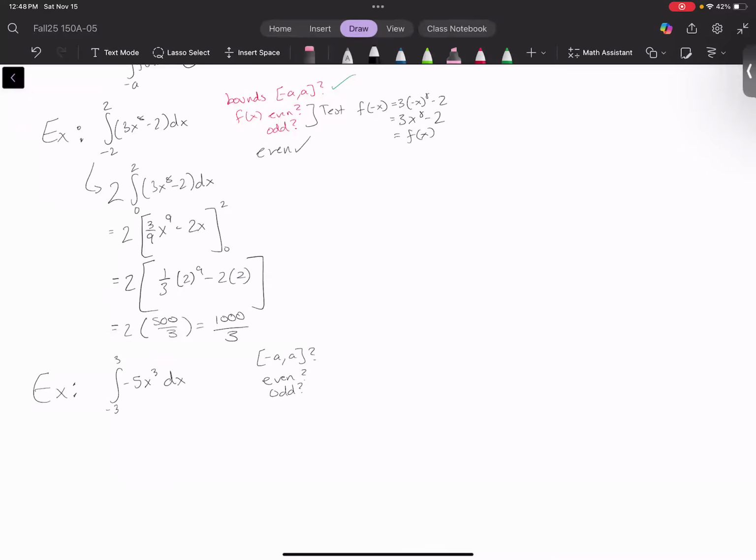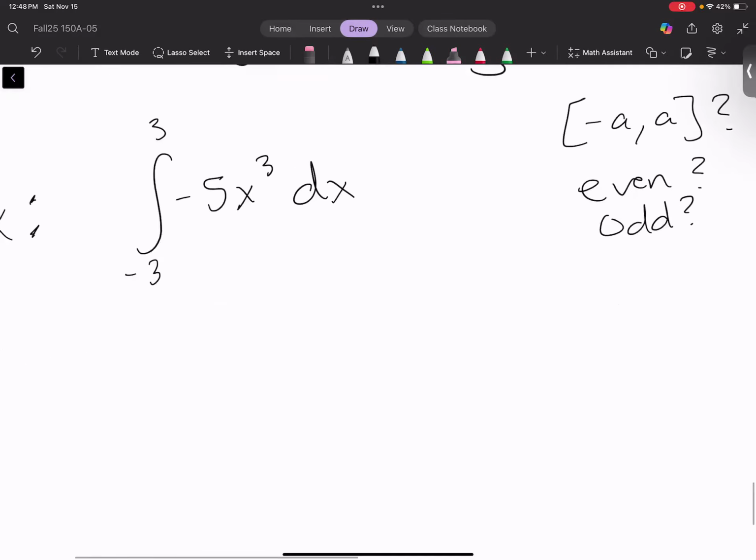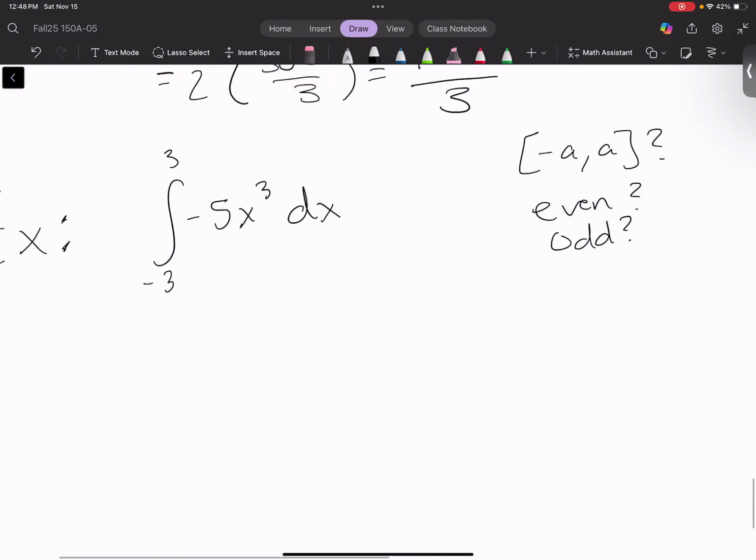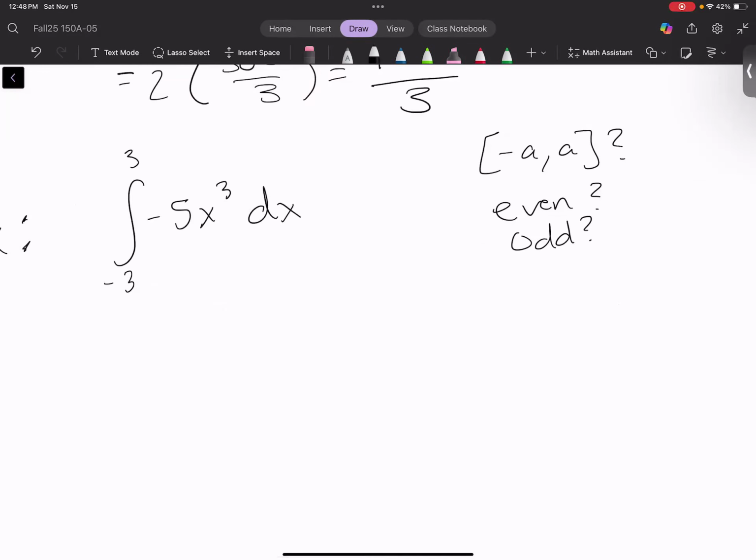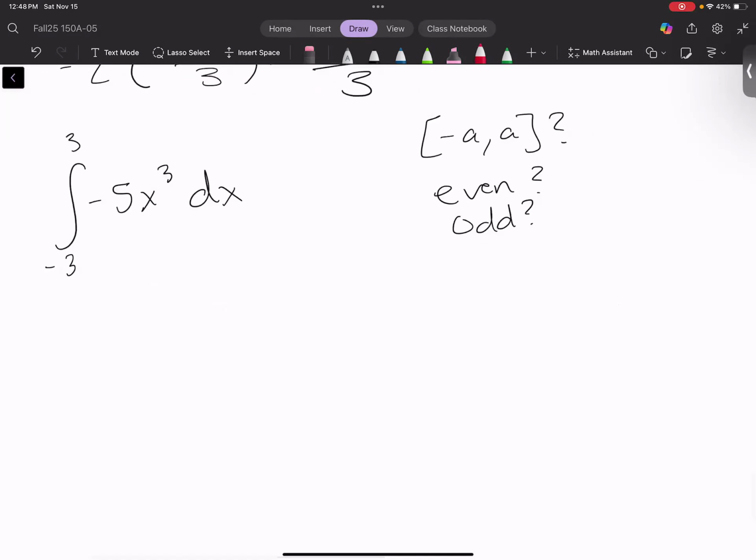All right. Hopefully you guys paused. So for this one, symmetric bounds, easy to see, right? Negative 3 to 3. That's not the difficult or time-consuming part. I need to check if it's even or odd. So I'll plug in negative x. So I get negative 5, negative x cubed.